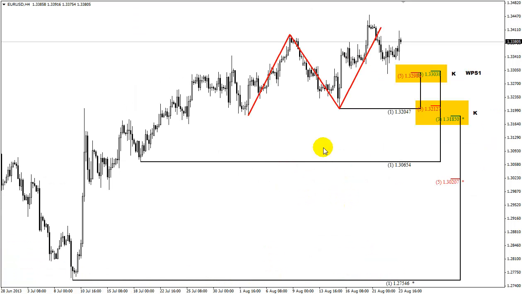Let's switch back to the 4-hour time frame and see this framework, which in my opinion is the most important of the analysis. We can see here that we have two zones of confluence support, two K zones, alright, and the first one coincides with the weekly pivot support 1, as we can see here.